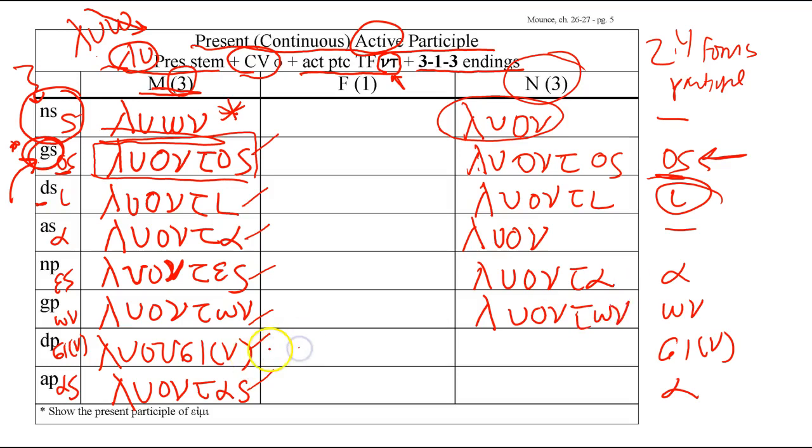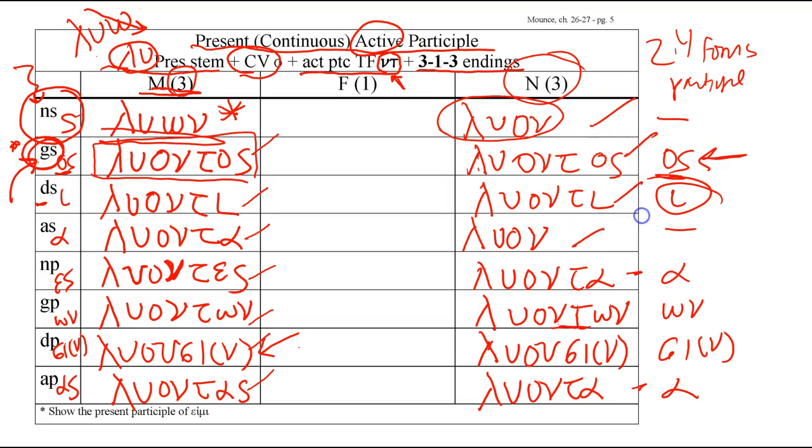Same thing that we learned here for the dative plural. You add a sigma to it, so the final form for the dative plural is luousi or luousin. And lastly, luonta, because the neuter forms for the nominative and the accusative are the same. So ready? 1, 2, 3. Luon, luontos, luonti, luon. Luonta, luontōn, luousi or luousin, luonta.